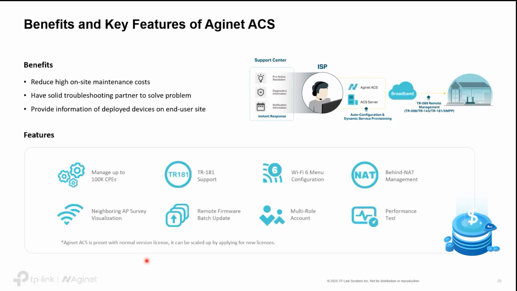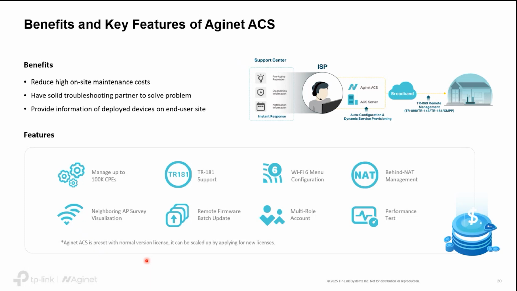Also, we have what we would call our standard Aginet ACS TR69 solution. This is a basic ACS management solution, enables monitoring of a device, ensuring it's online, enables you to do firmware updates and things like that, and reconfigurations. But it is a standard TR69, which is the older technology, has been around for 20, 25 years now, something like that.